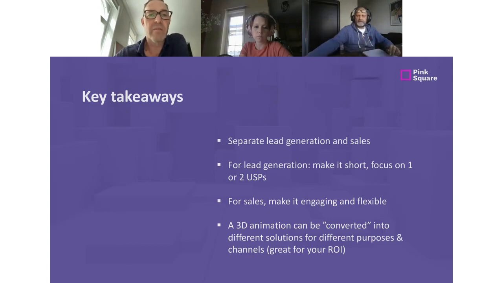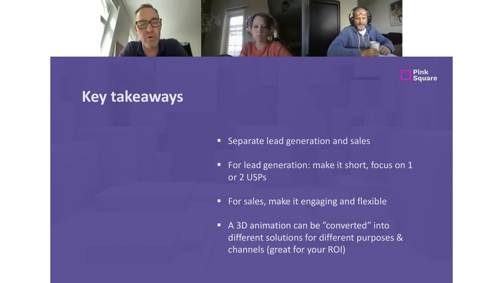So basically, the key takeaways, what we want you to leave with, is that we think it's really important to separate lead generation and sales, even when producing this kind of content. For lead generation, obviously, make it short, focus on one or two USPs, and then get them into the funnel.